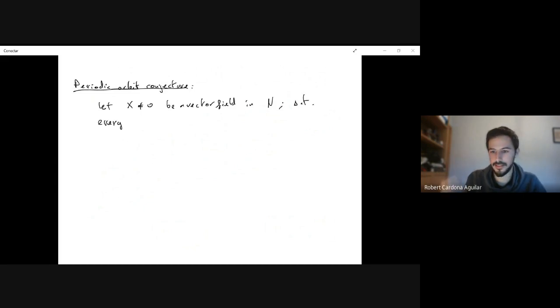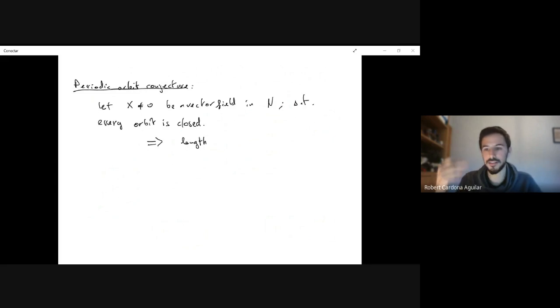So everything is a periodic orbit. Then the conjecture says this implies that the length of the orbits is globally bounded. Of course the length depends on fixing a metric, but the fact that they are bounded does not depend on choosing a metric.